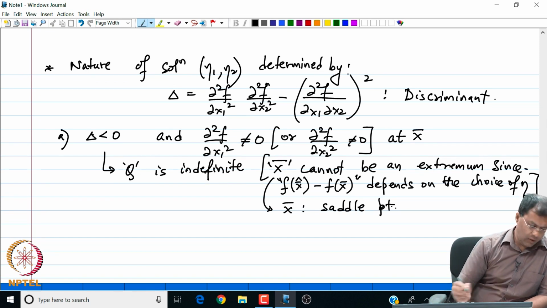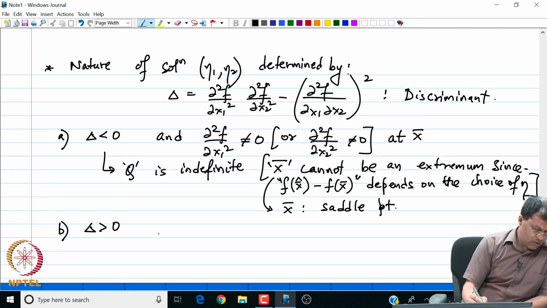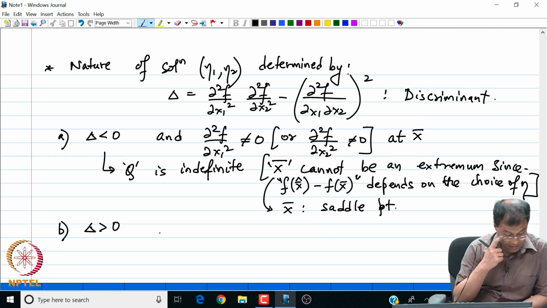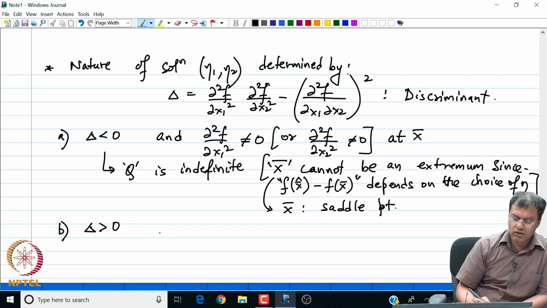Okay. So, then the case that we are after is when the discriminant is positive. Sorry, it is the other way.